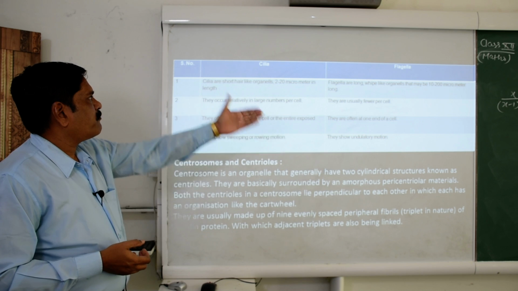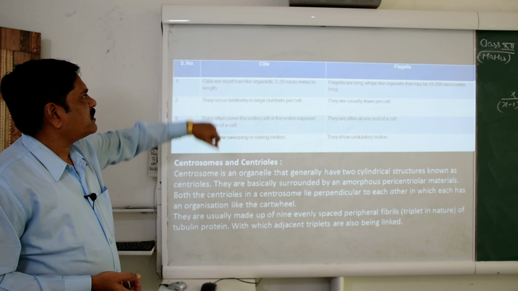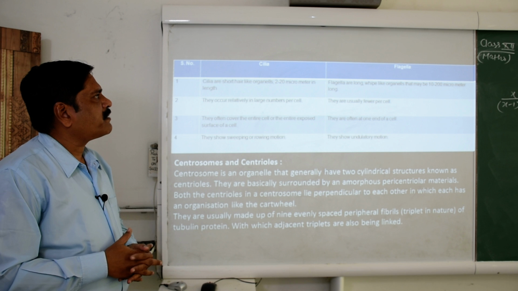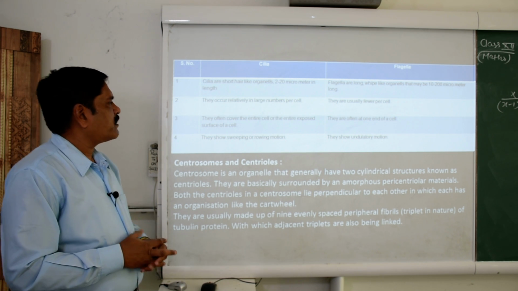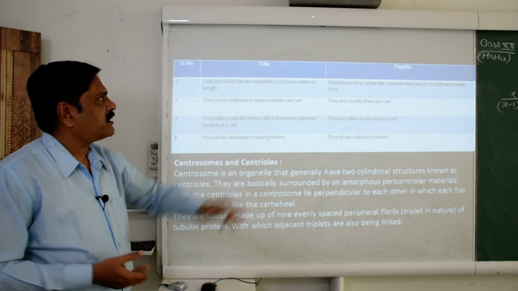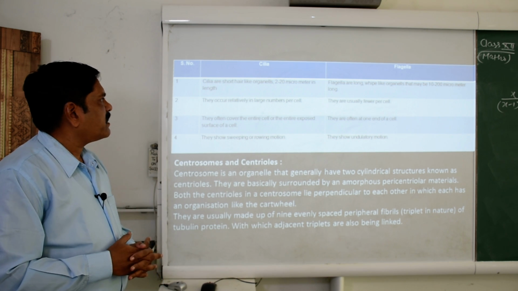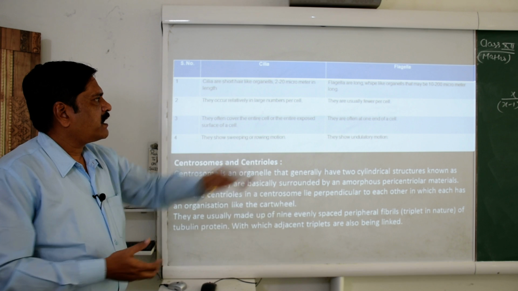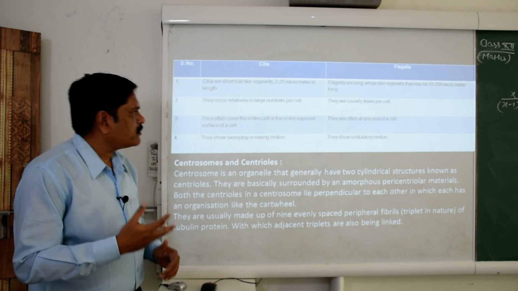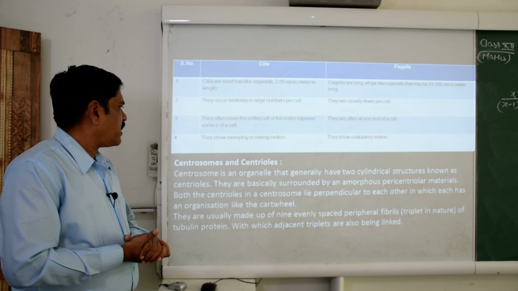If we discuss the differences, cilia are short in size, 2 to 20 micrometers in length, while the flagella are long, pipe-like organelles, 10 to 200 micrometers long. Cilia are present in large number, while flagella are very few in a cell. Cilia often cover the entire exposed surface of a cell, while flagella are often single on a cell. Cilia show a sweeping or rowing motion, while flagella show an undulatory motion. So these are the basic differences between cilia and flagella.